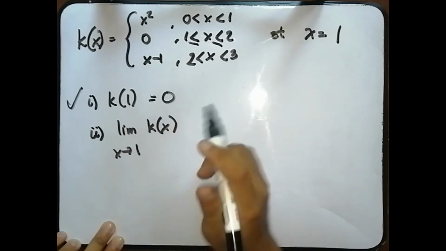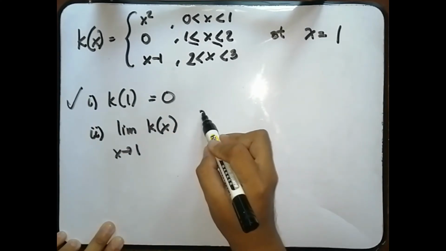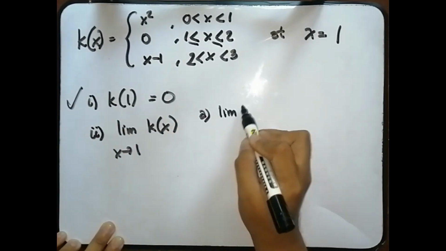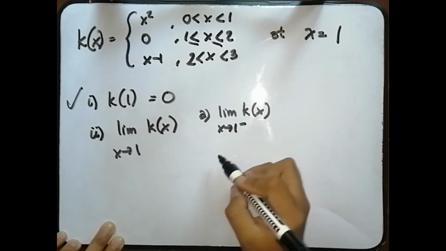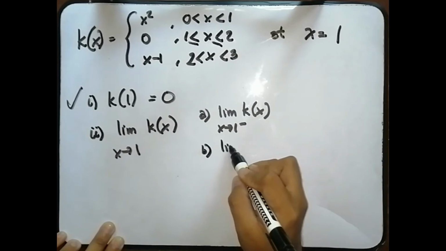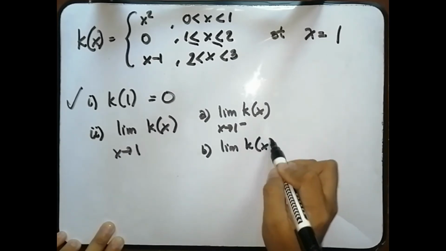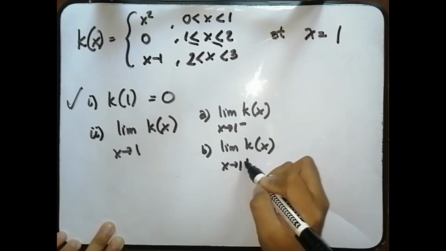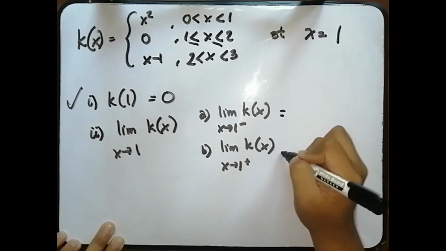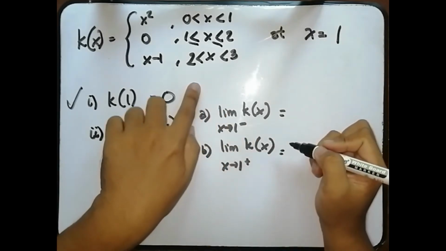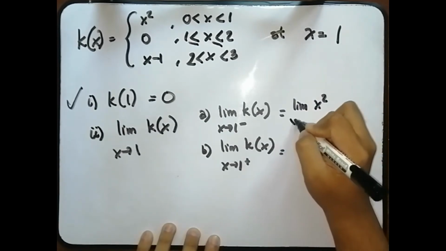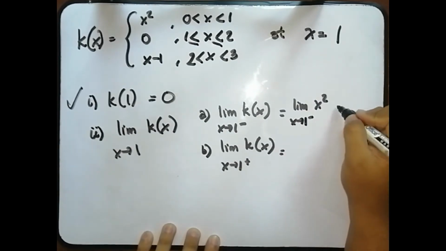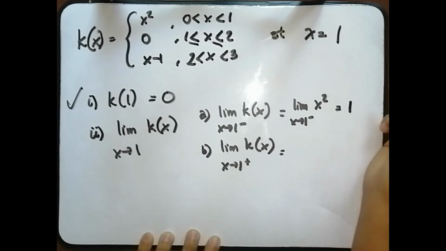So first, check natin limit of k of x as x approaches 1 from the left, and b, the limit of k of x as x approaches 1 from the right. So from the left, gagamitin natin yung limit of x squared as x approaches 1 from the left, which is equal to 1.